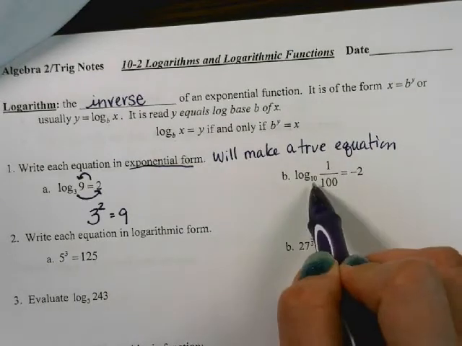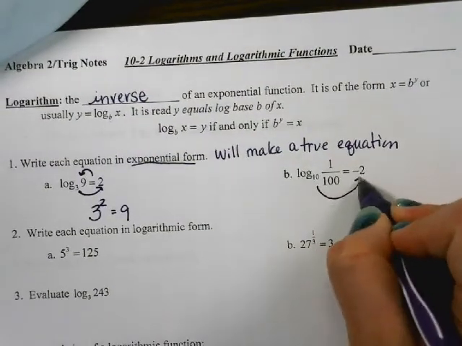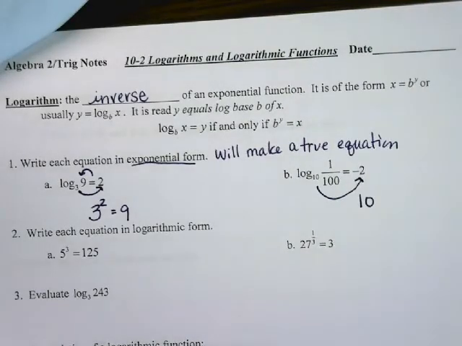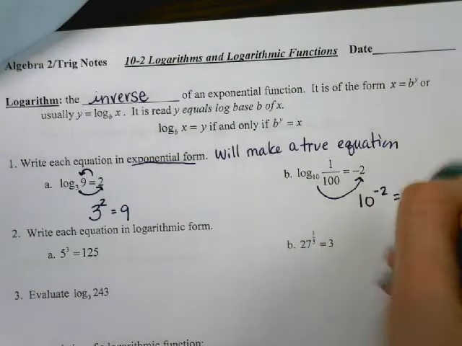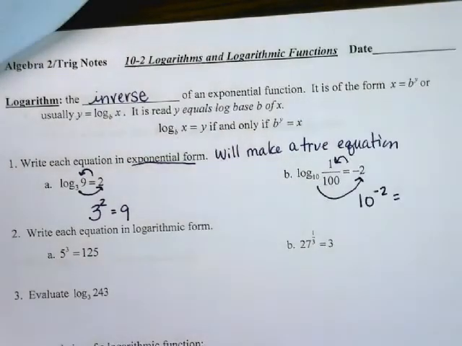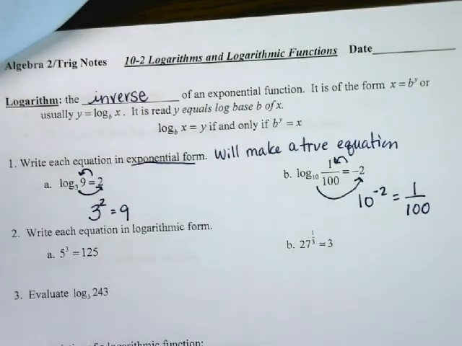Start with the base of your logarithm. 10 to the -2 is equal to 1 over 100. Is that true? Yes, it should be, right? 10 squared is 100. The negative makes it move to the denominator.